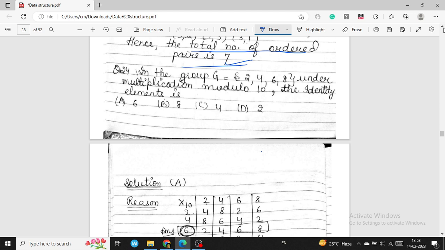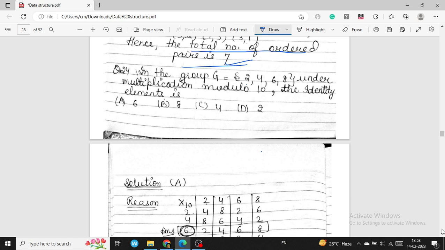In the group G, we are given G = {2, 4, 6, 8} under multiplication modulo 10. We have to find the identity element. The identity element is that element which gives the same element after taking the multiplication modulo 10. You can solve it by this method.